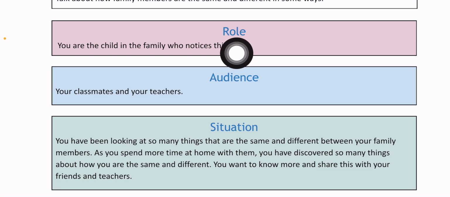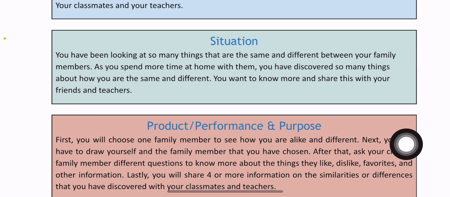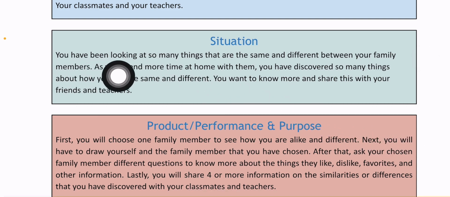When they imagine that they are the child in the family who notices things, who's going to be watching them? Your classmates and your teacher. So situation is just like an imaginary one. You have been looking at so many things that are the same and different between your family members. As you spend more time at home with them, you have discovered so many things about how you are the same and different.